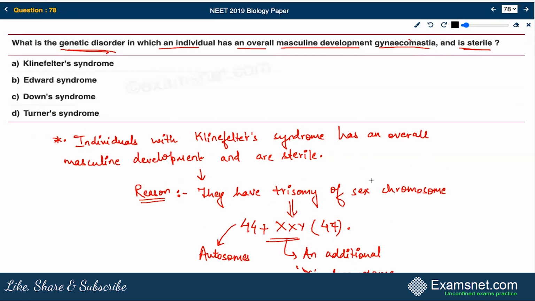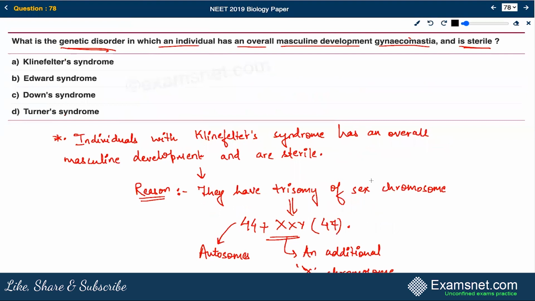Clear? So that's why such kind of individuals are considered to be sterile.